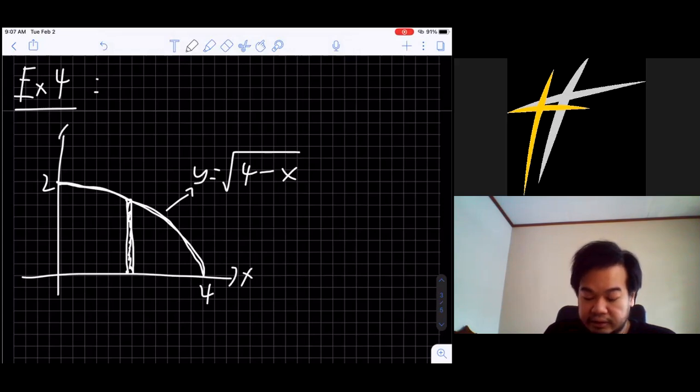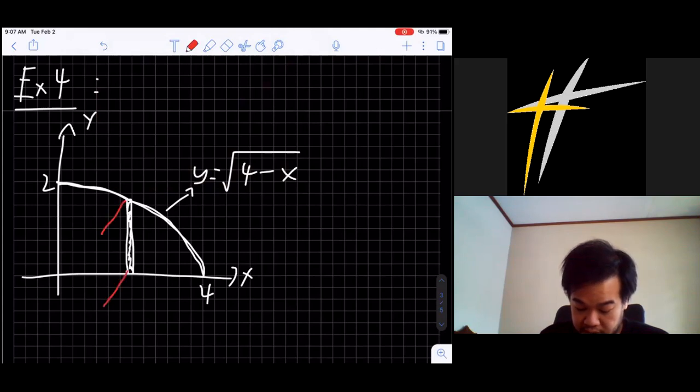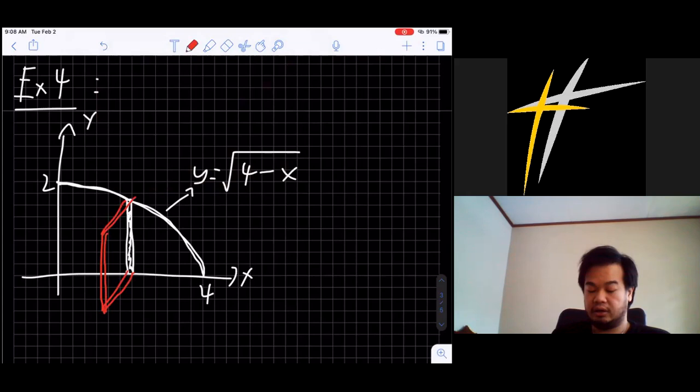Instead of rotating it around the axis, your thin rectangle, if you draw it two-dimensionally, will create a square like this in the z direction.